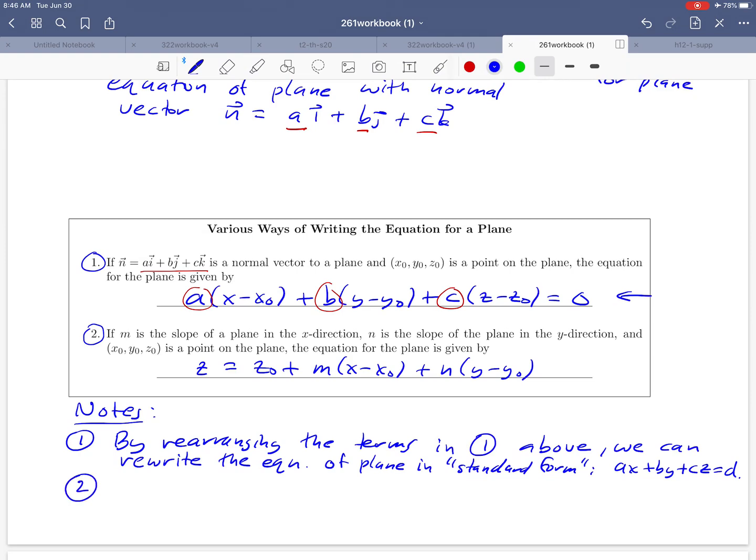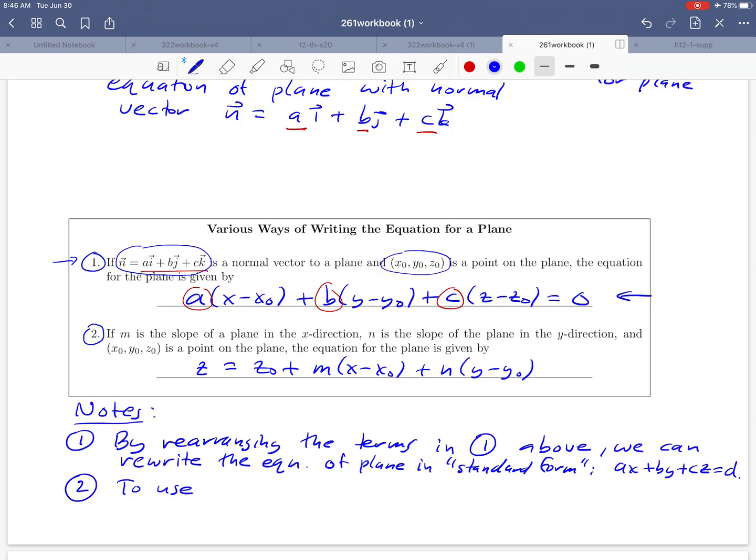And then one last comment which might help you to decide which of these formulas you want to use. Formula 1 is best suited when you have two pieces of information: number 1, a normal vector, and number 2, a point. If you have those two things, or you can figure them out, then formula number 1 is probably the one you want to go with.